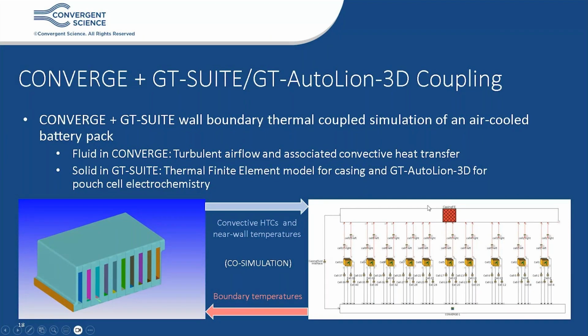You can also take advantage and make CONVERGE directly coupled with GT-AutoLion 3D that contains a wide variety of electrochemical models for different batteries. The updated temperatures of the solids and the batteries are fed back to CONVERGE, and a new time step is solved for CONVERGE to get updated values for HTCs. This is the co-simulation option, so both codes are run at the same time and exchange information at every time step.